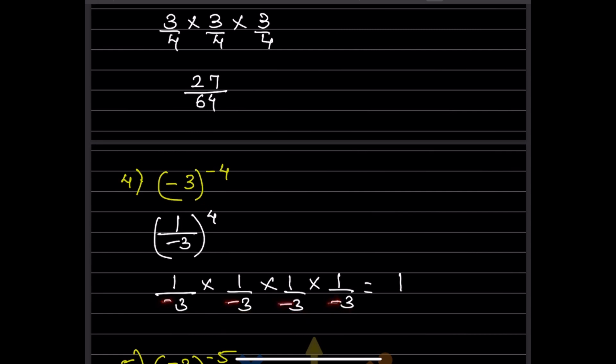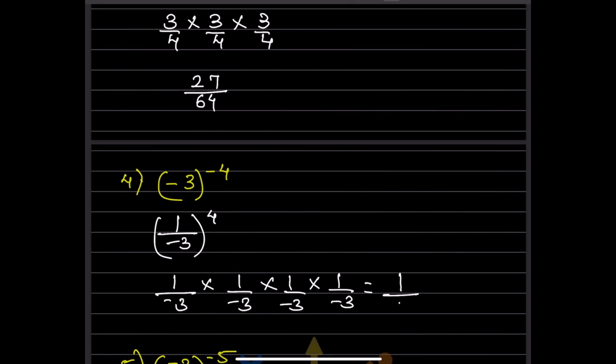So whenever you see an even number of negatives, that is always going to be positive. If it is 6 times also, it is going to be positive. But if it is 5 times negative, it is going to be negative. So wherever there is an even number, you are going to consider that as positive.